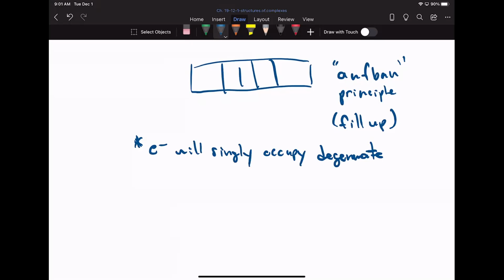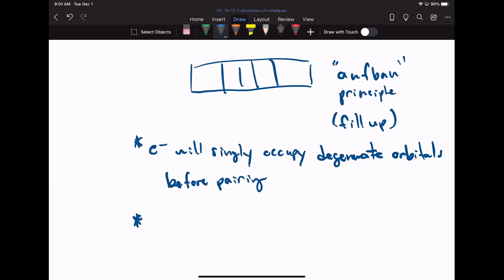Again, degenerate means the same energy level, so orbitals in the same energy level, before pairing. And the weak field and strong field ligands really help decide how we occupy and fill up these orbitals.